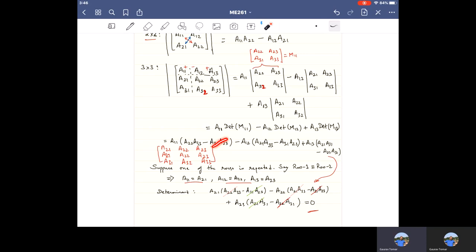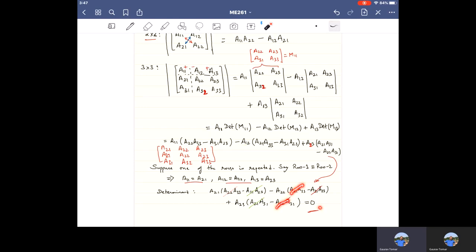Then this term is also getting cancelled out with this term. But there should be a mistake here again, there should be 2, 3. Yeah, no, it's okay. So this will cancel out with this one. In the same way, you would have one more term cancelling out, A22, because you've replaced it with A22. So this will cancel out with this one.